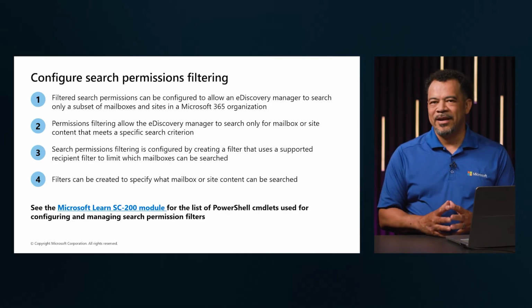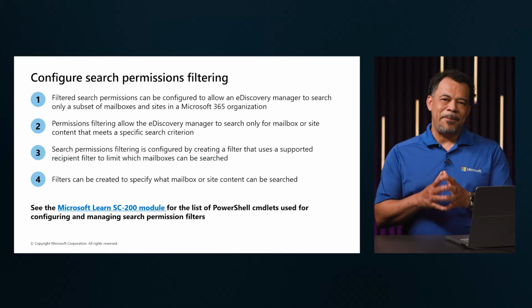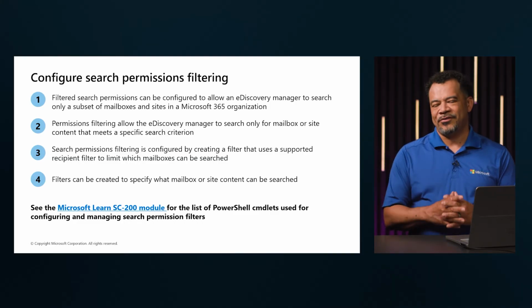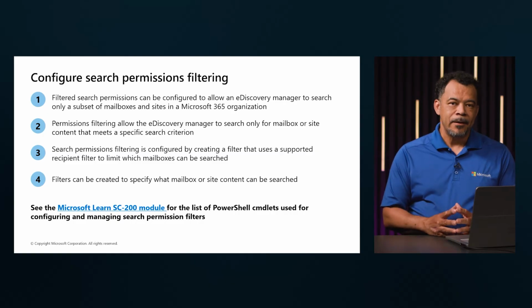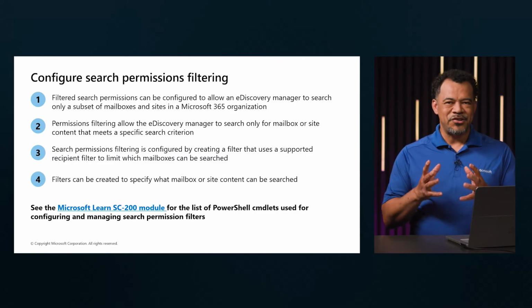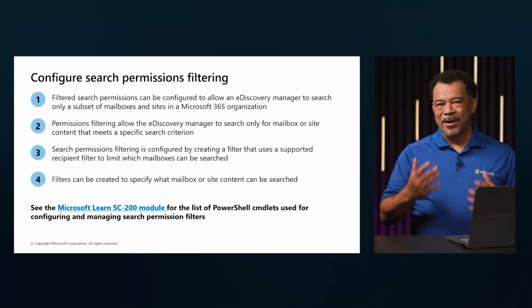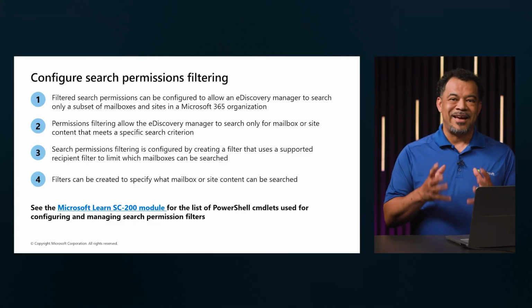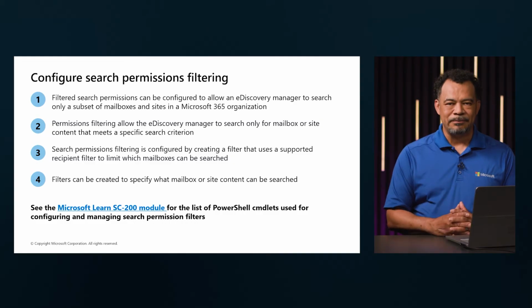This is great for maintaining data privacy and ensuring that people only access what they're authorized to see. Second, these filters can be based on specific search criteria, so it's not just about limiting access by user, but also about the type of content that they're allowed to search.